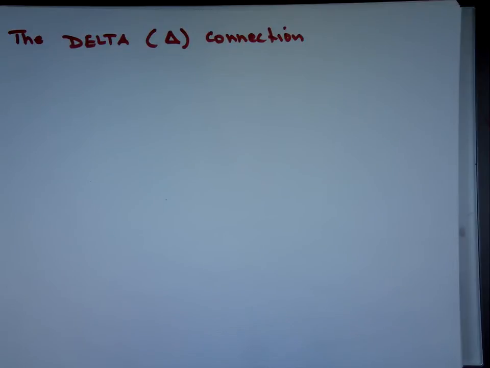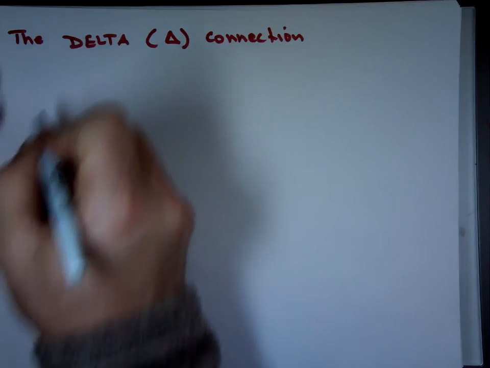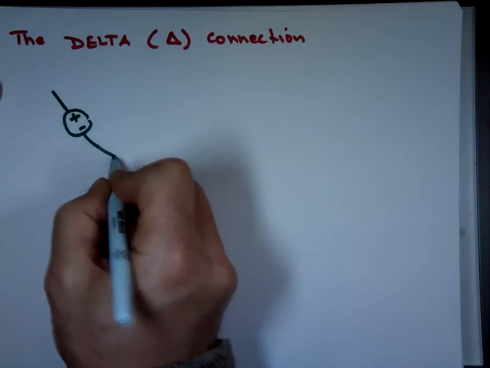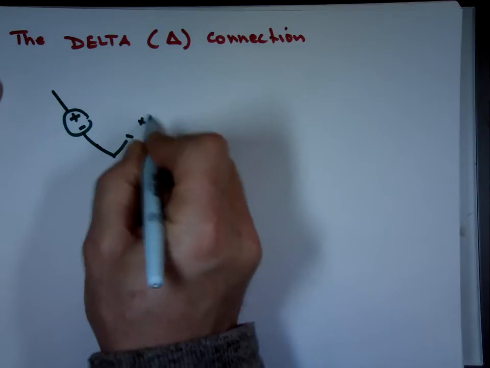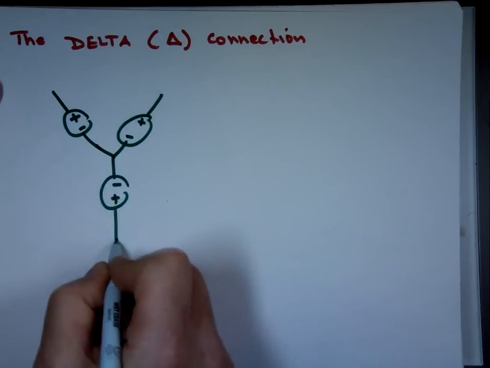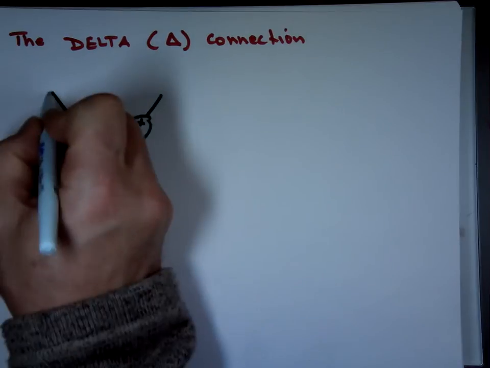Where we're going to have a problem, well, not a problem, but a challenge, is when you have a Y source and a delta connection. What do I mean by that? Let's take one, just to show you what I'm talking about. This is the Y source.